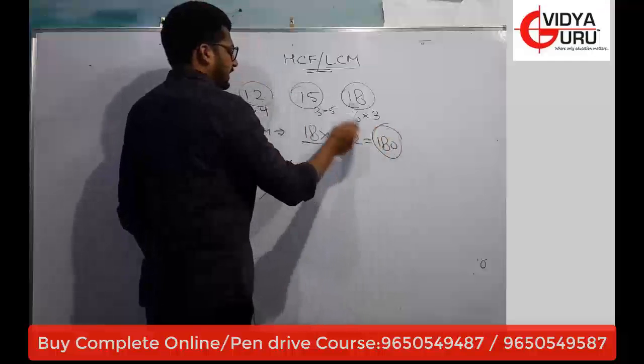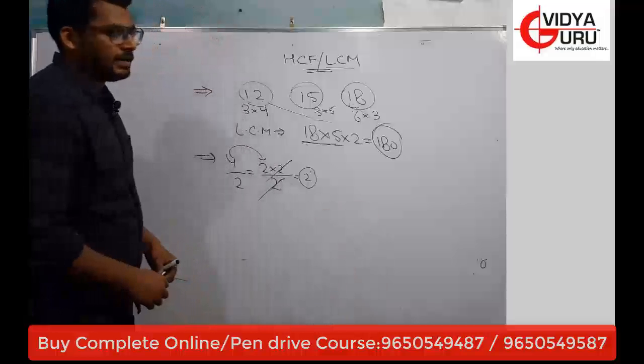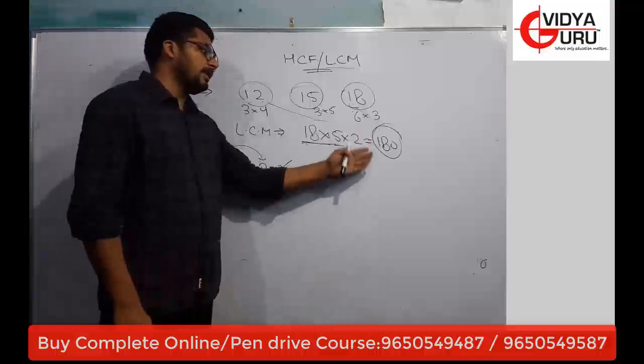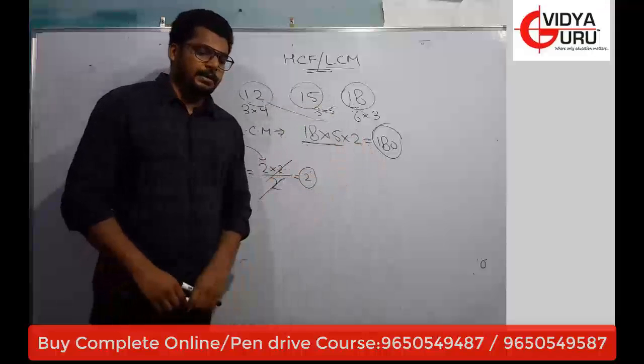So 180 is the number which is divisible by 12, 15 and 18, and it is the least common multiple.